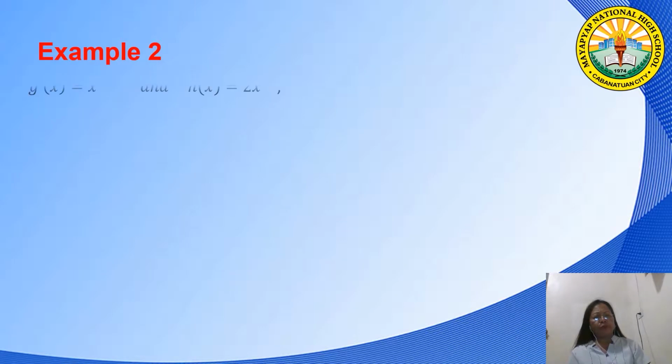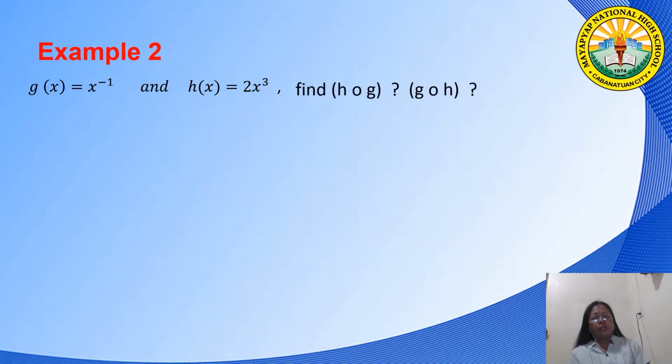Example number 2. Our given functions are g of x equals x raised to negative 1 and h of x equals 2x to the third power. Find h composed of g of x and g composed of h of x.